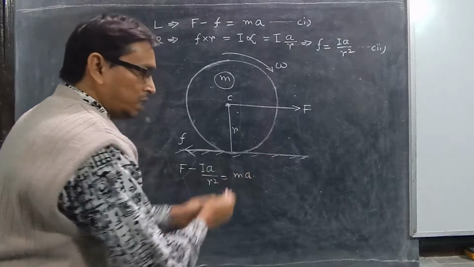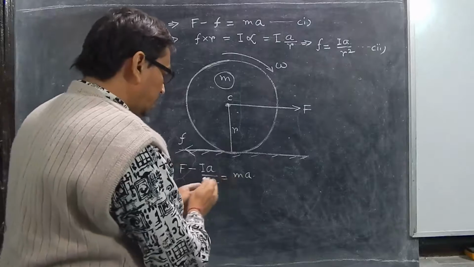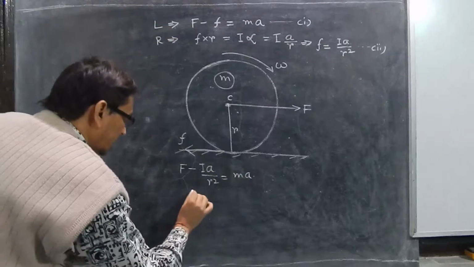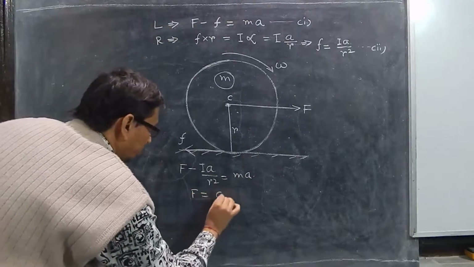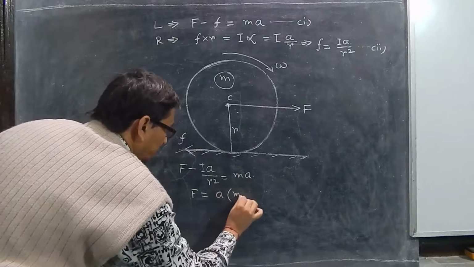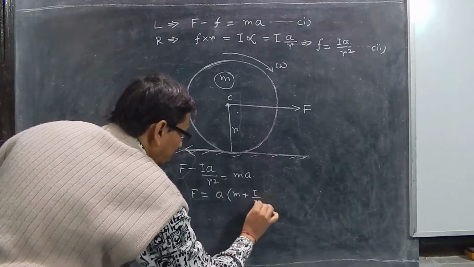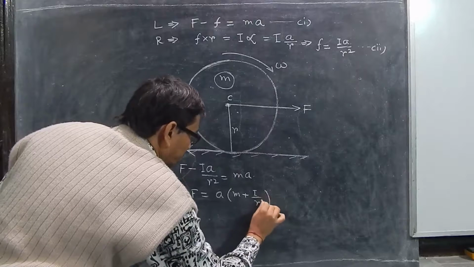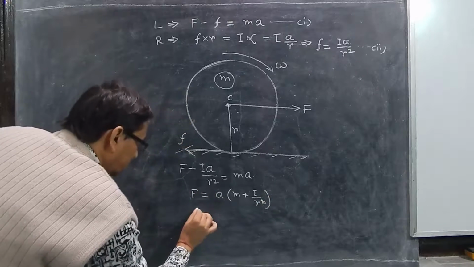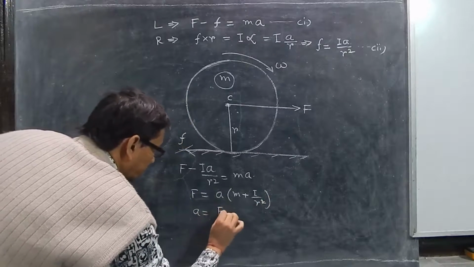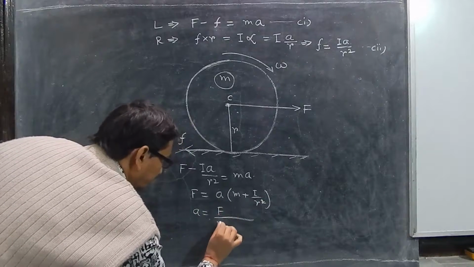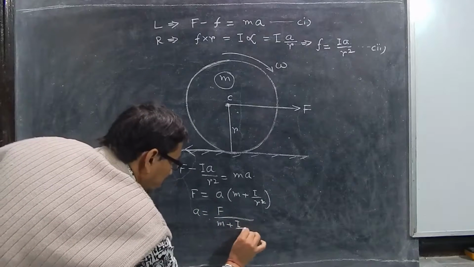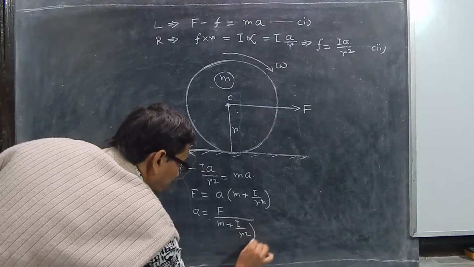Now we are interested to find the acceleration, that's why we will take the acceleration on one side. So you will get F is equal to, if we take common a, m plus I by R square. So acceleration will be equal to force divided by m plus I by R square.